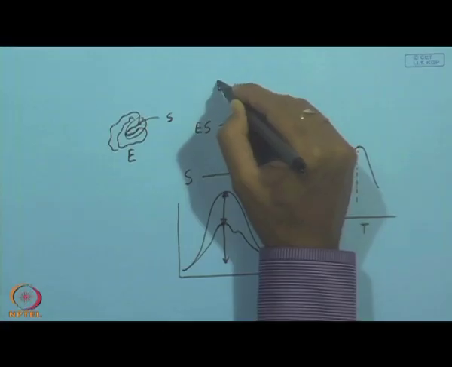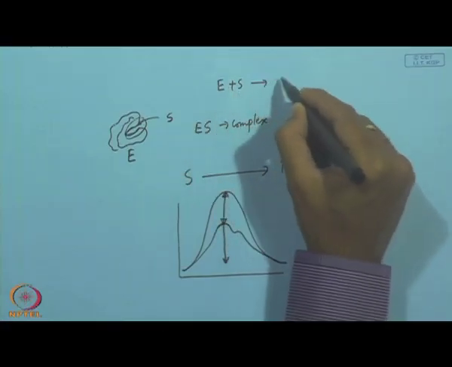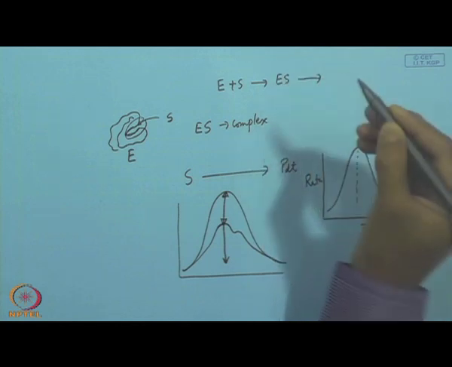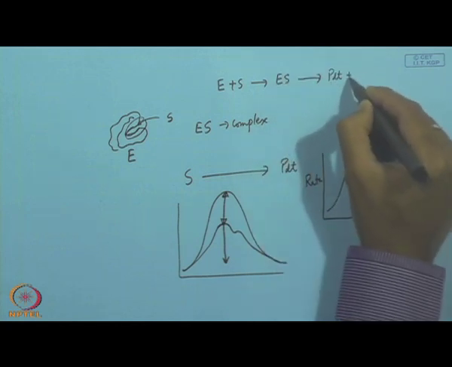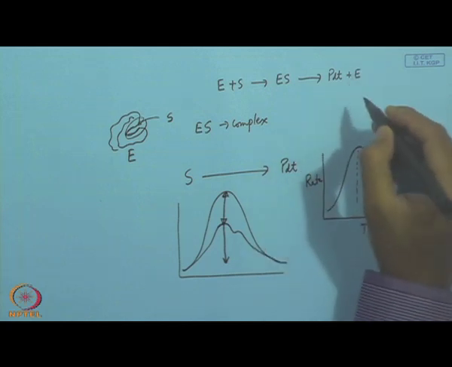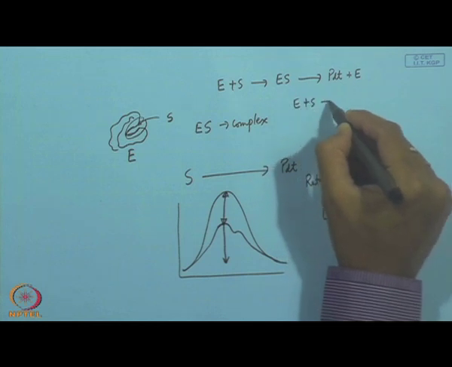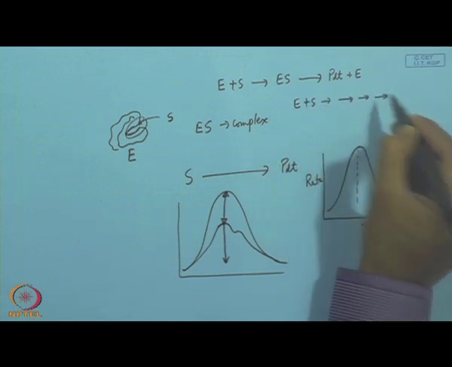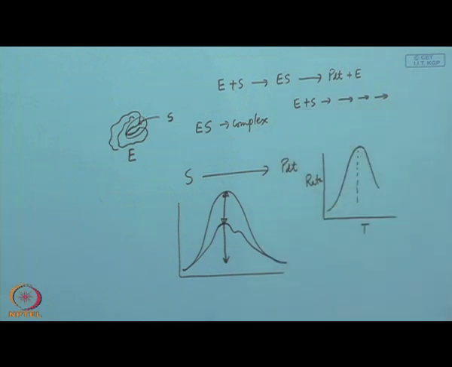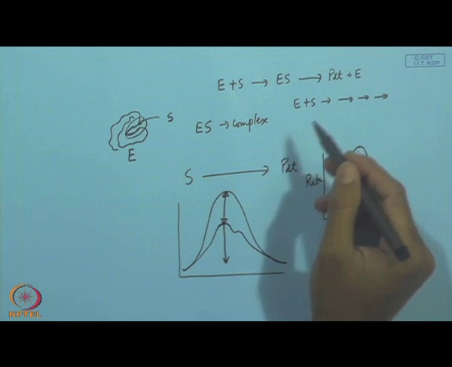Enzyme plus substrate produces the enzyme-substrate complex, then it produces product plus enzyme back, and then the enzyme is recycled for the next substrate molecule. A typical enzyme may be a small protein molecule containing 50, 100 or 200 amino acid residues. It will be regenerated after the reaction.